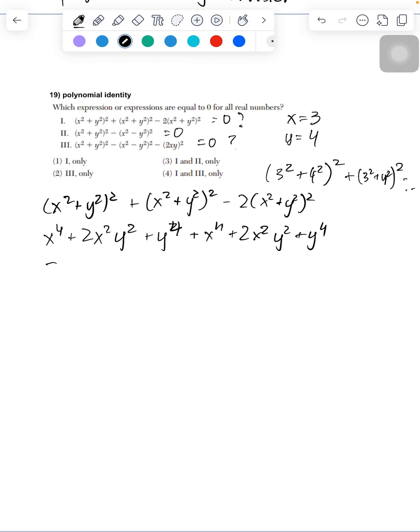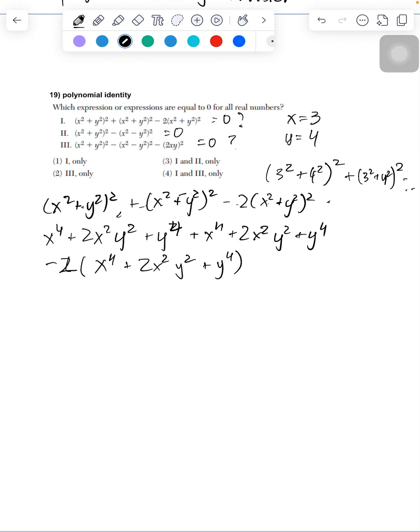Minus 2. If I expand this I'm going to get x to the 4th plus 2x squared y squared plus y to the 4th, right? So if you notice, if you combine all the like terms, these are the same thing twice, and you're minusing the same thing twice.